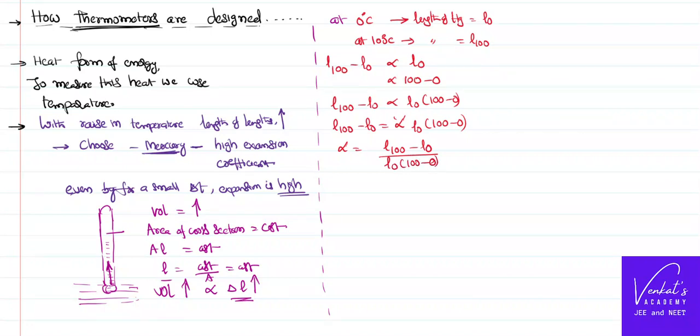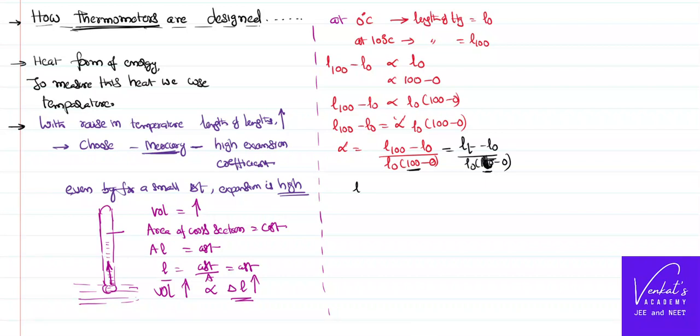I can write the same equation at some other temperature, like LT minus L0 by L0 of T minus 0, because here the higher temperature is T, whereas earlier the higher temperature was 100.